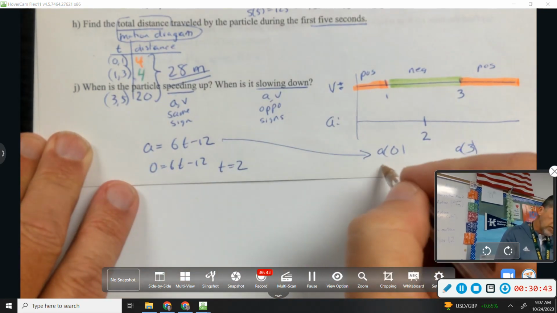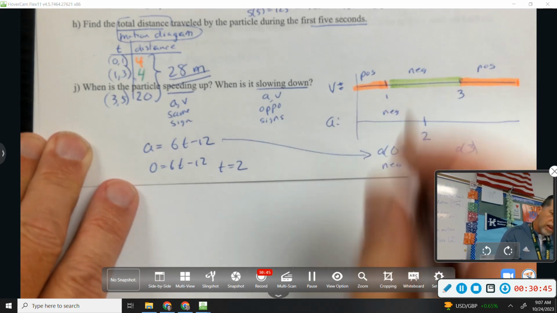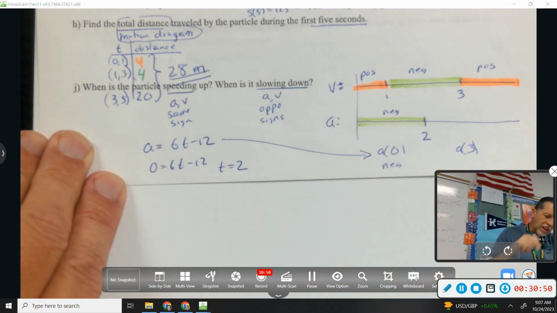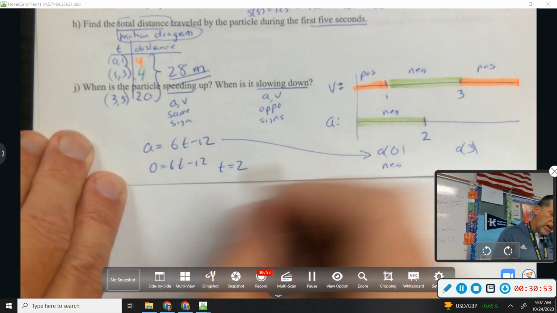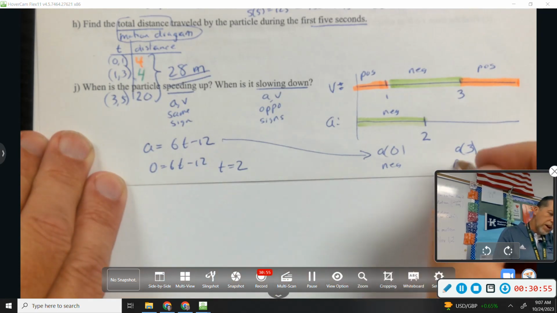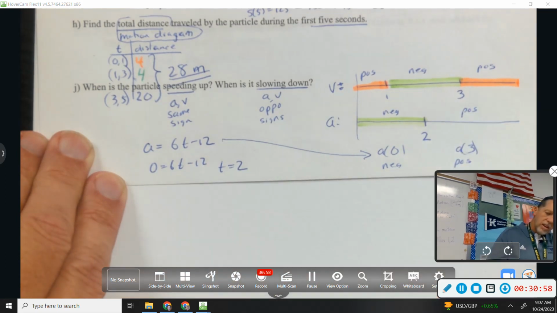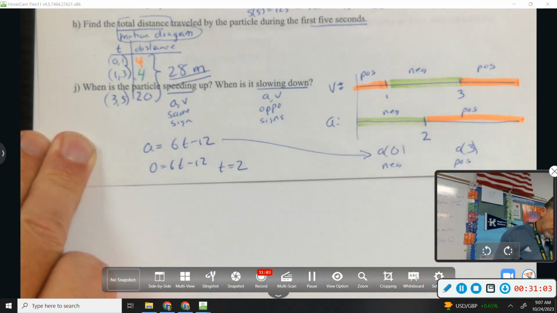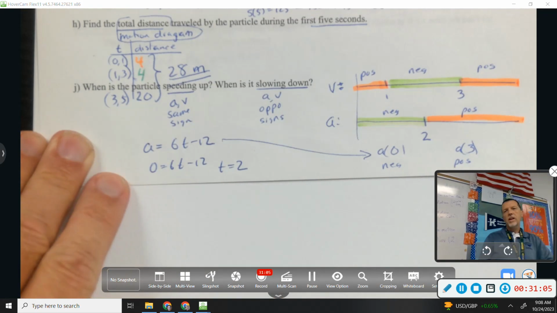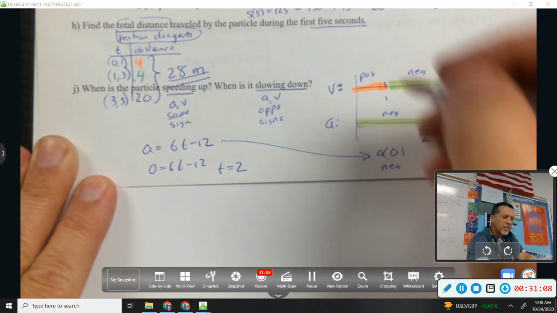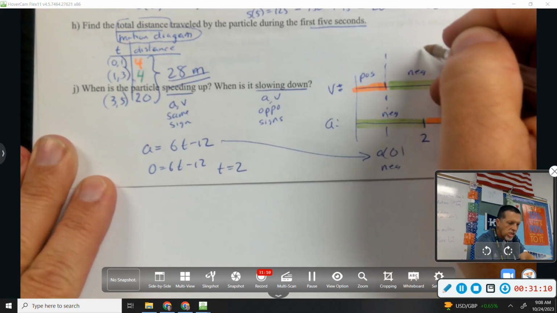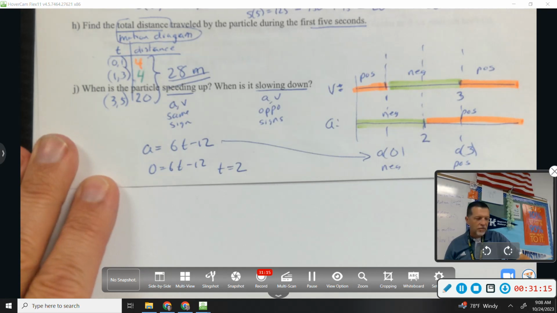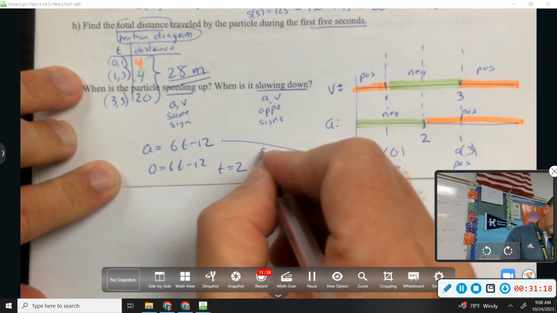So A of 0 is negative. I'm just going to stick with my color convention here, so negative is green. A of 3, 18 minus 12, is positive. Okay, so now I'm looking at both at the same time and seeing where they have the same color and different colors.